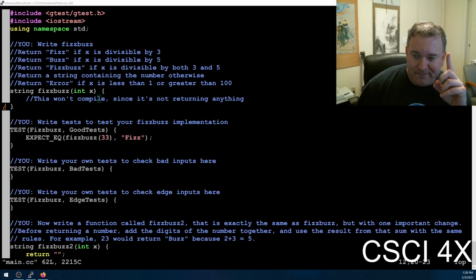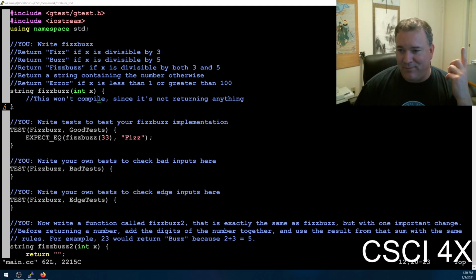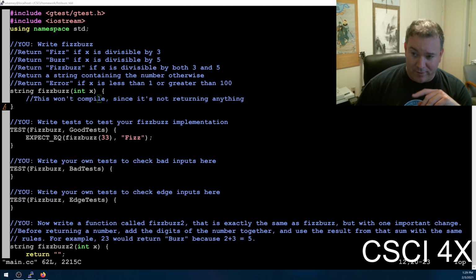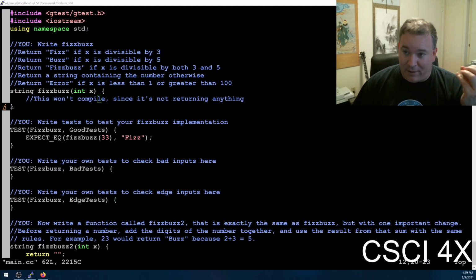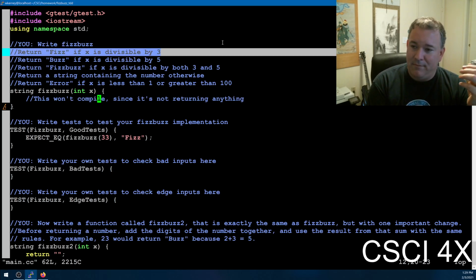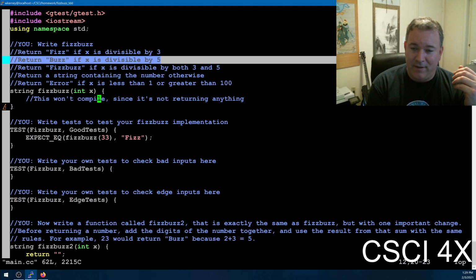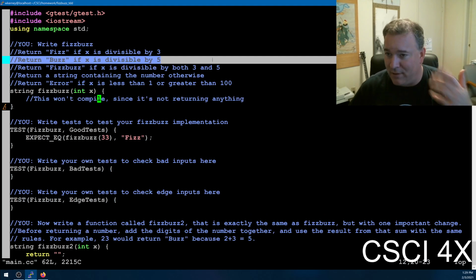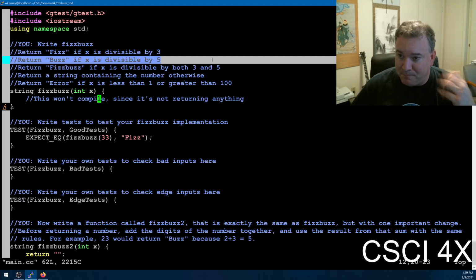But there's rules, and the rules are what make it interesting, because as people drink more and get more inebriated, it gets harder and harder to do the math and stay in time with the rhythm. So the rules are these. Instead of saying a number like 3, you say the word fizz. If a number is divisible by 5, instead of saying 5 or 10 or 15, you say buzz.